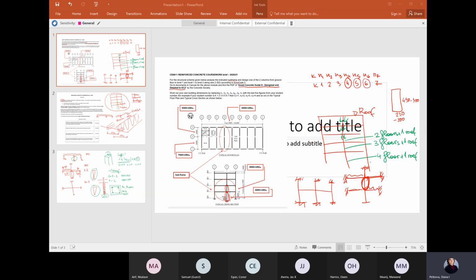It's a pad foundation, so I assume a pin is fine. Besides, if you have two fixed ends, the effective length would be shorter than when one of the ends is pinned. So it's a bit more conservative to overestimate the effective length. Okay, that's fine.